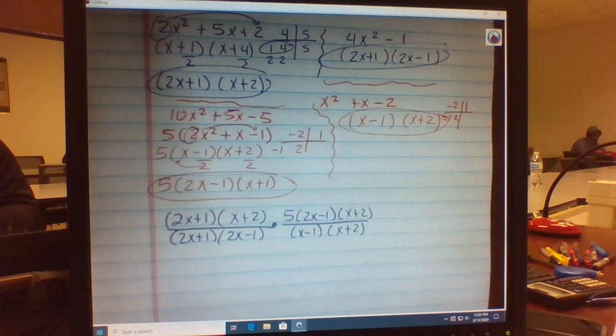That's the only difference. But it still works the same way. You factor, as long as there's something on top, something on the bottom, you should be able to eliminate those.